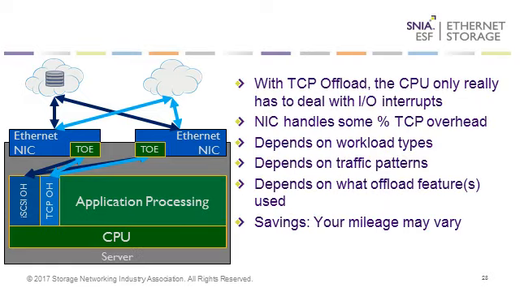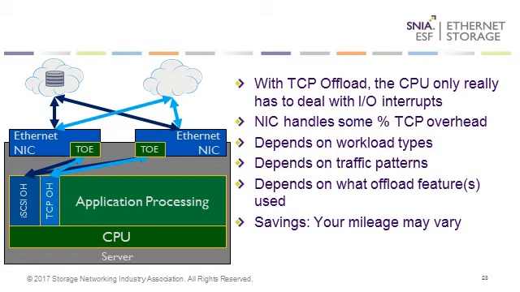Now, with TCP offload, there is specially built hardware that runs on the Ethernet NIC. There are certain cards that have this capability. As Rob mentioned, there are also certain pieces, and we'll talk a little about the types of offloads that can be done. Some of these can be done on a generic NIC, not necessarily specialized hardware, so your mileage will vary on how much savings you can get.